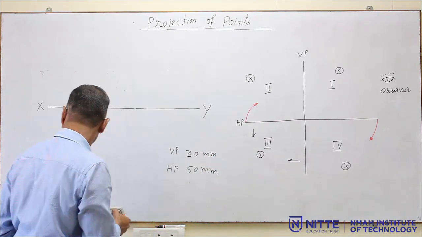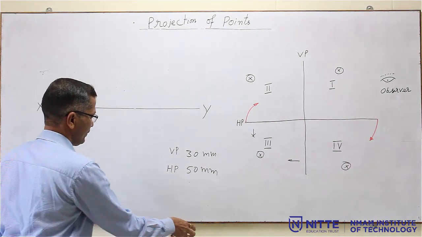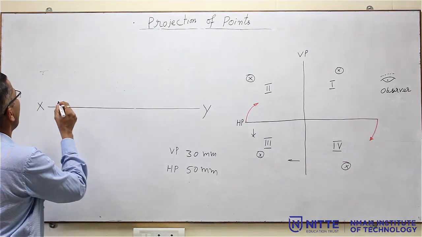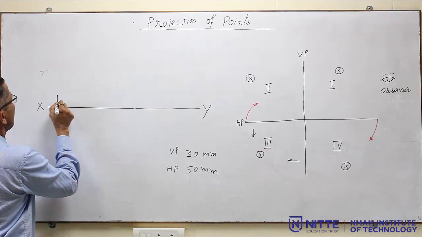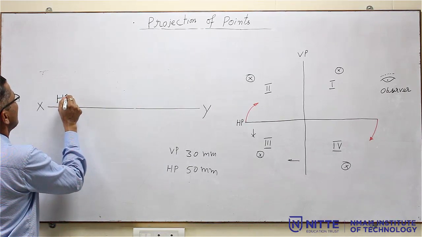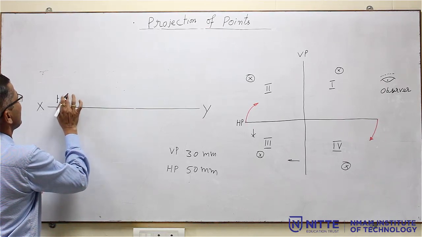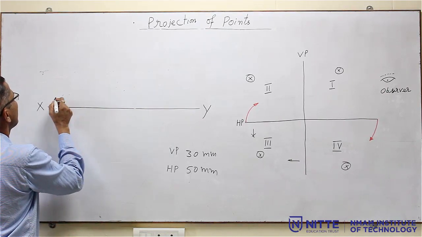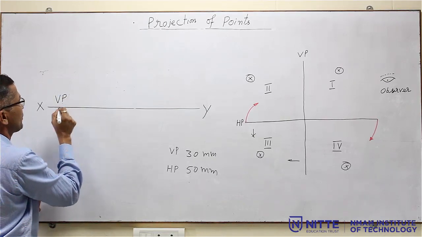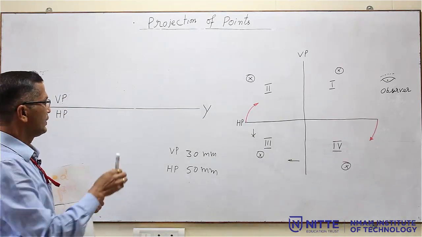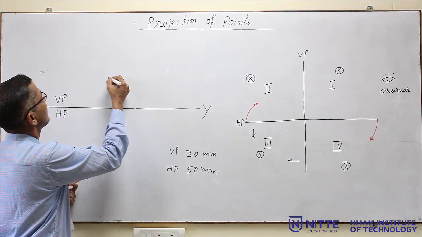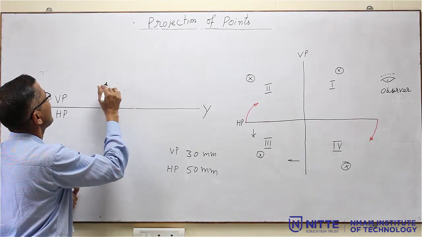Draw an XY line and draw the quadrants for the first quadrant. Here it is VP and this is HP. This is for the first quadrant. Then leave some space and draw a very light vertical line.